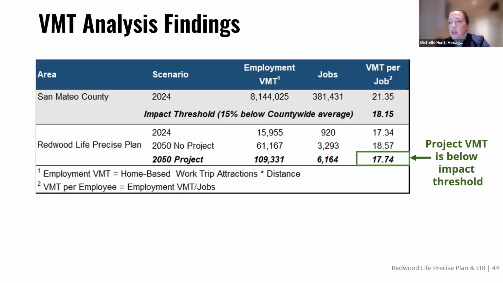And then thirdly, there would be more internal trips because of the inclusion of some retail jobs in the project, including a hotel. So that allows some trips to be contained within the site. And so that also helps to reduce the VMT. Next slide.